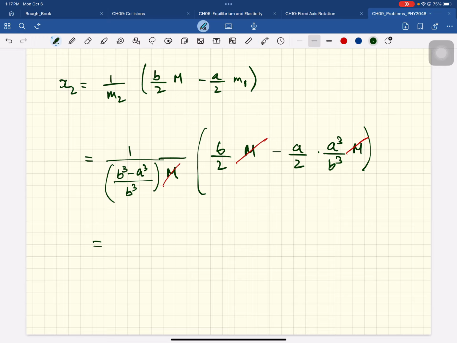So this is B cubed divided by B cubed minus A cubed.